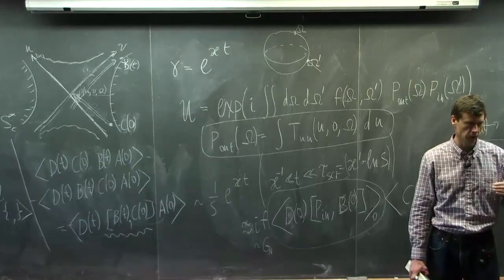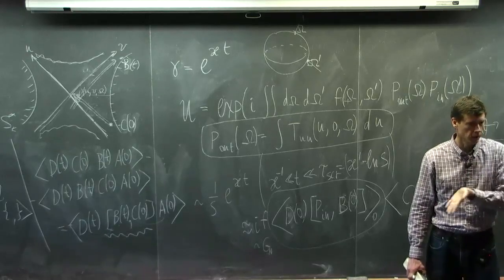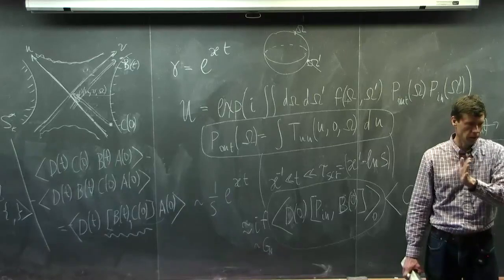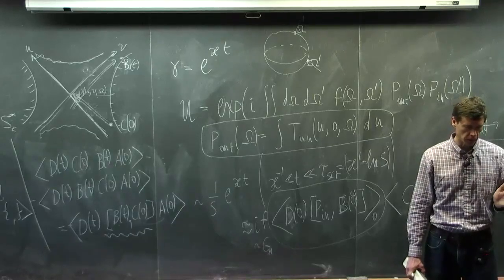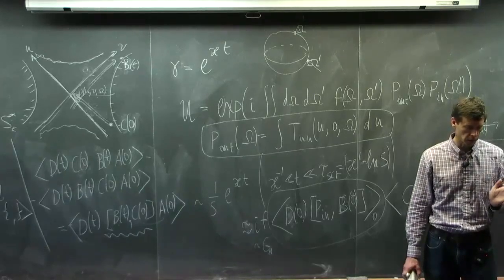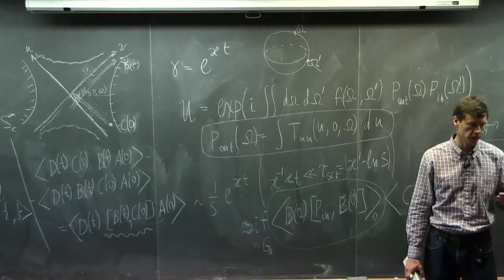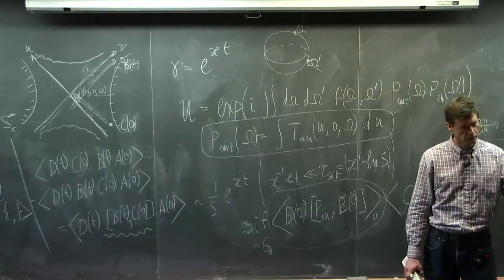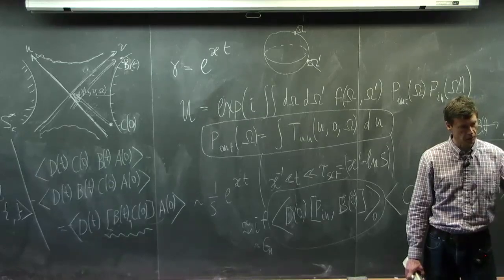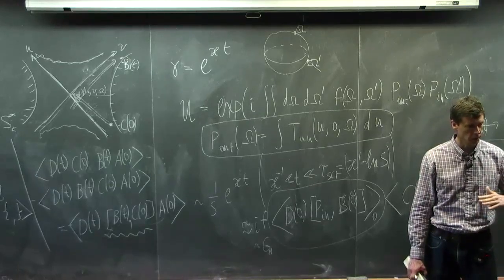So what we do is we know the boundary correlator. We expand it to the product of a retarded and advanced response part that is analytic in the upper half plane and the lower half plane.